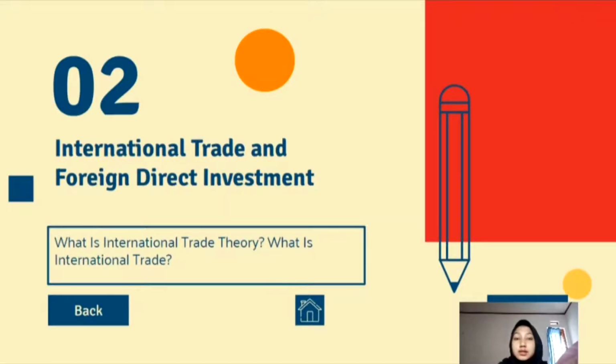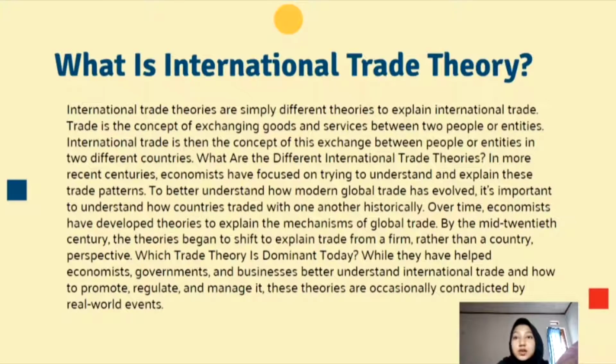International trade theories. International trade theories are simply different theories to explain international trade. Trade is the concept of exchanging goods and services between two people or entities. International trade is then the concept of this exchange between people or entities in two different countries.